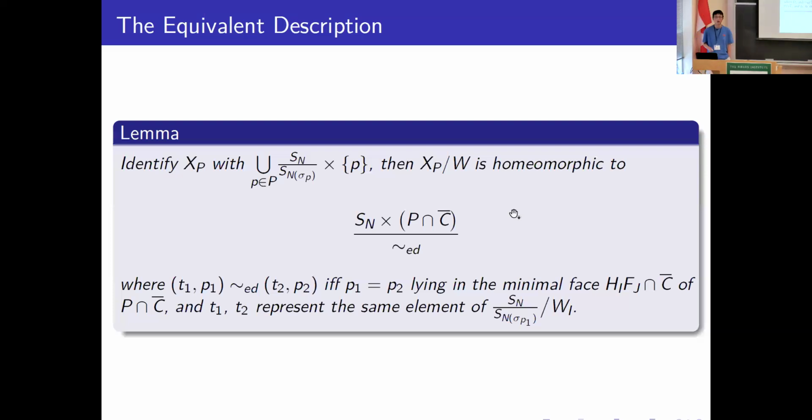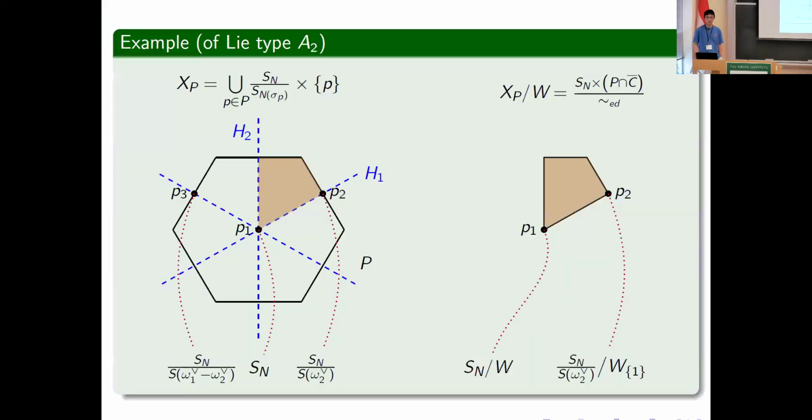And when the index point p lies in some H_I, it is fixed by the reflection of this hyperplane, but the action is non-trivial on the corresponding torus, and in the quotient we should consider this quotient. That's the idea.